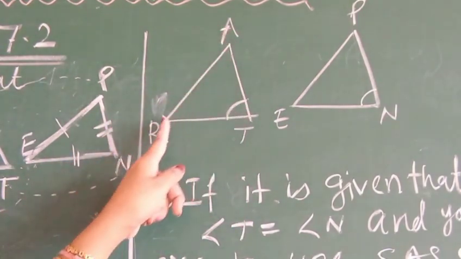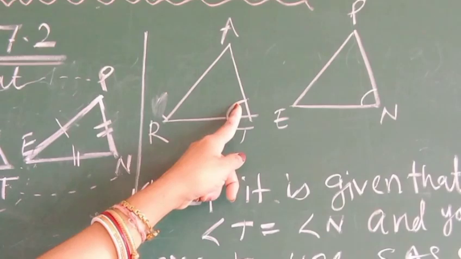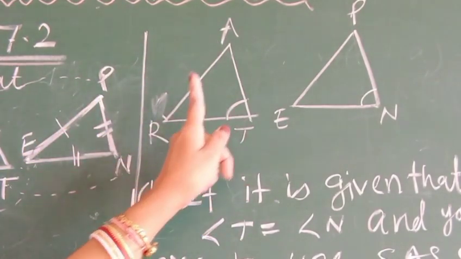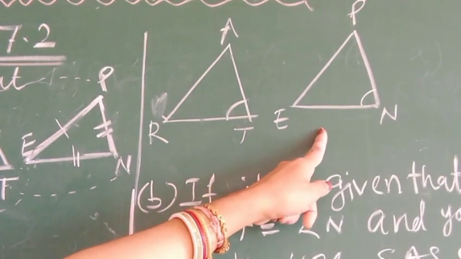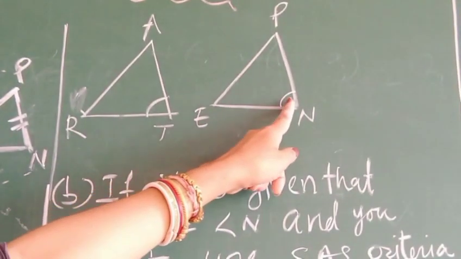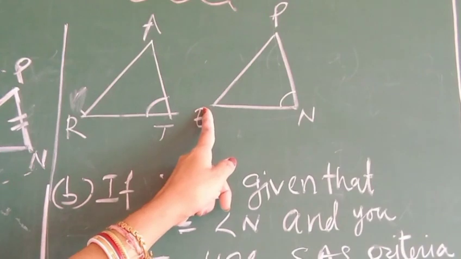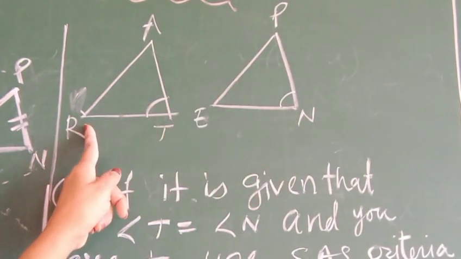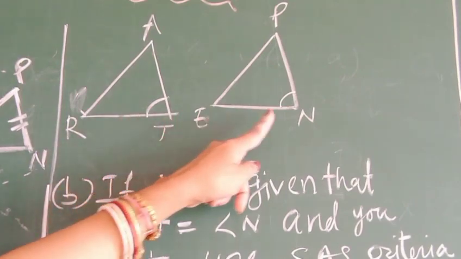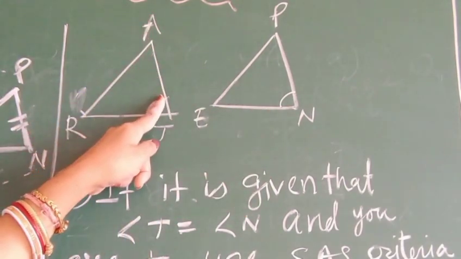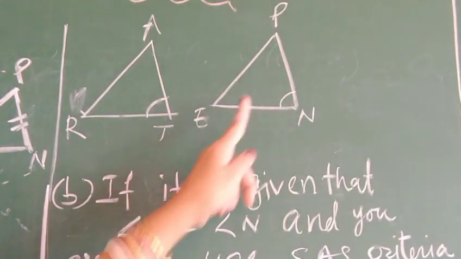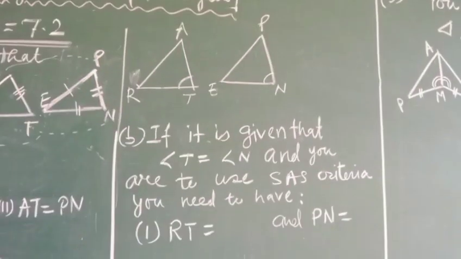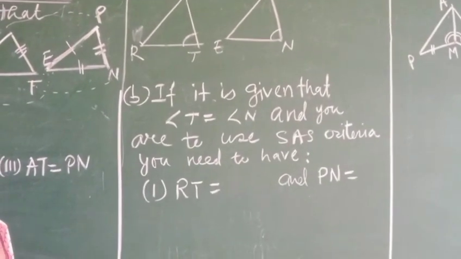These two are the adjacent sides of angle T, which correspond to the two adjacent sides of angle N, EN and PN. So if RT is the same as EN and AT is equal to PN, then the triangles will be congruent by SAS.